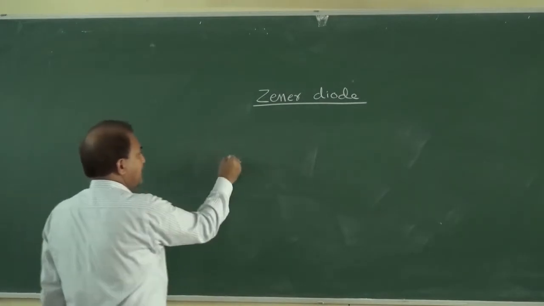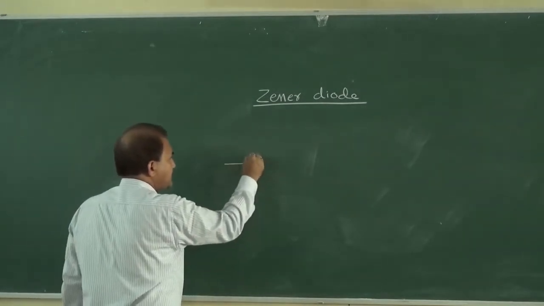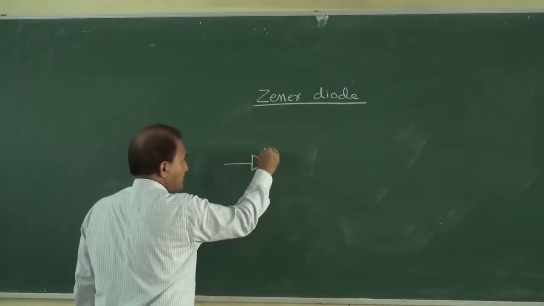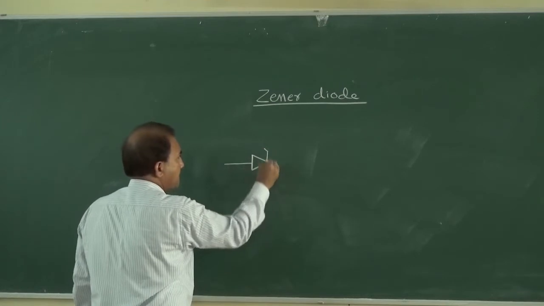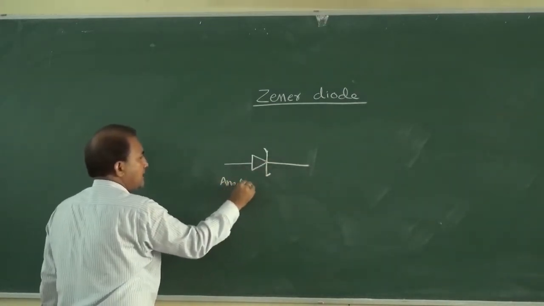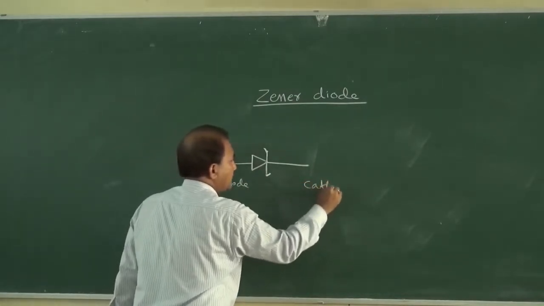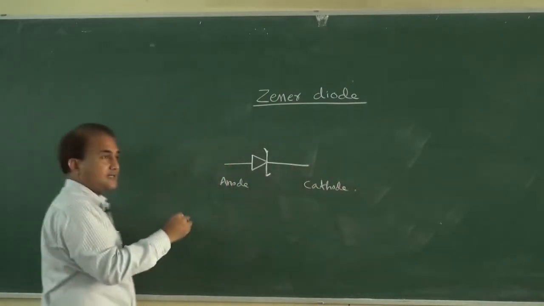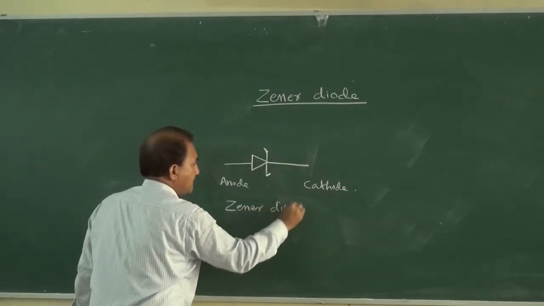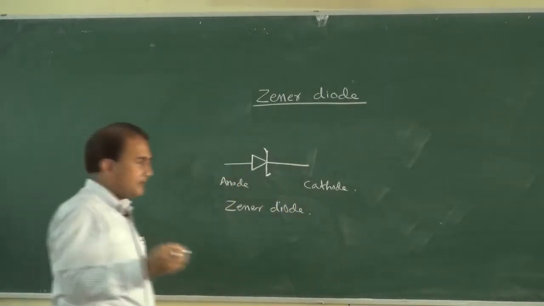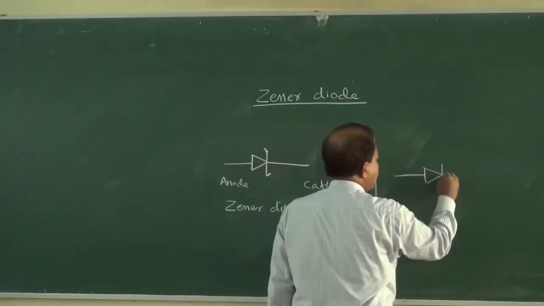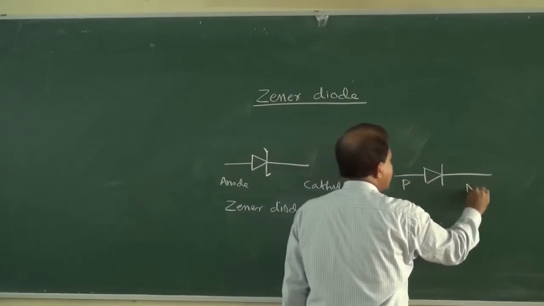So we can represent Zener diode like this. This is anode and this is cathode. This is the symbol of Zener diode. And the symbol of a normal PN junction diode is like this. This is P side and this is N side.